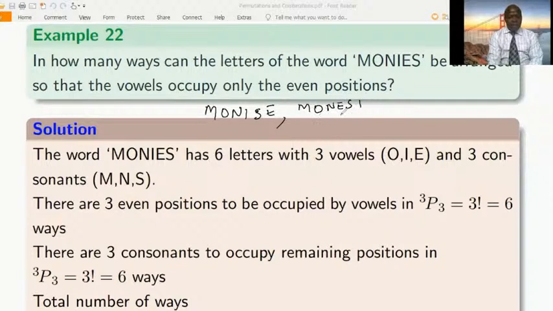So that is another way. I've just replaced this. And so if you do that, you go up to 36. You can rearrange these letters and ensure that the vowels are only in the even positions. You form 36 words, because you're also arranging the vowels and the consonants at the same time.